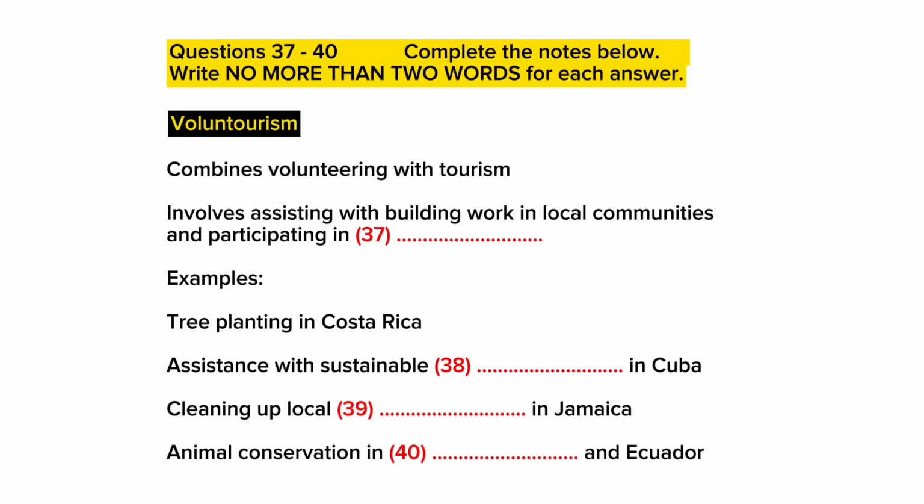Now, active ecotourism's a way for people to enjoy everything that nature has to offer, and at the same time enable them to leave a positive mark on the environment. Now, this kind of ecotourist is sometimes referred to as a voluntourist. That's a combination of volunteer and tourist.